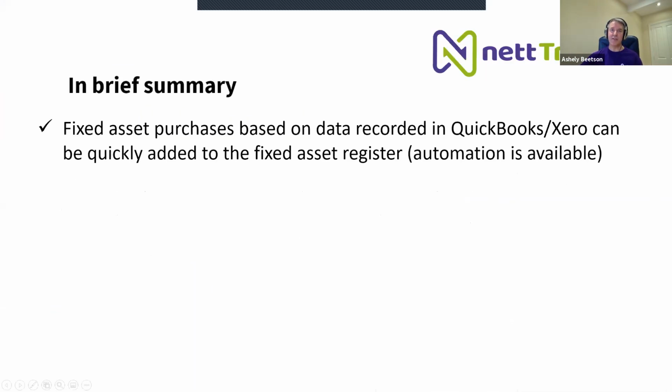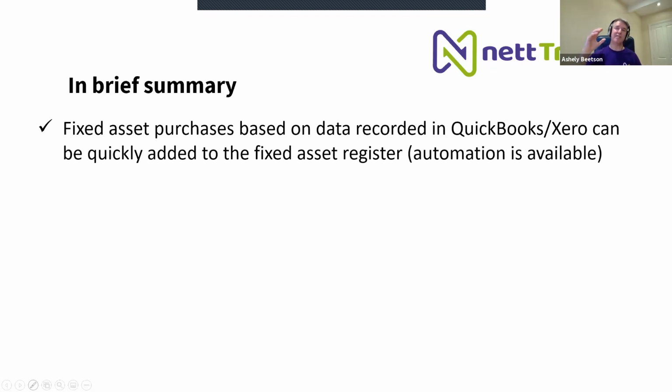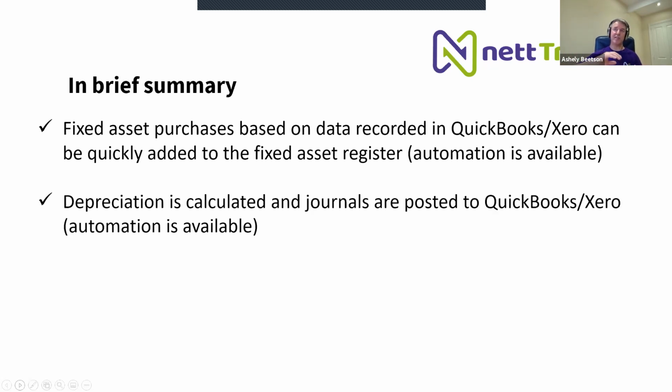Just in brief summary, the fixed asset purchases, based on the data that's entered into QuickBooks or Xero, can be quickly added to your fixed asset register, and you can fully automate that process. The depreciation is calculated and journals posted into QuickBooks or Xero. Again, you can fully automate it. So once you've set up, you don't really need to log back into QuickBooks.